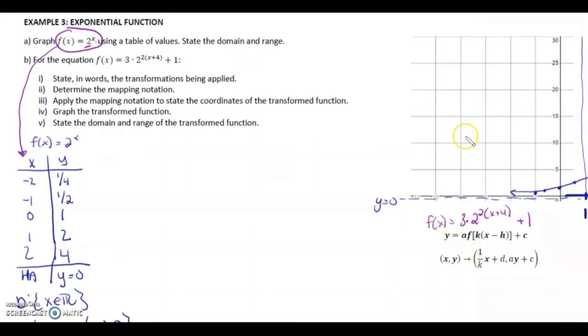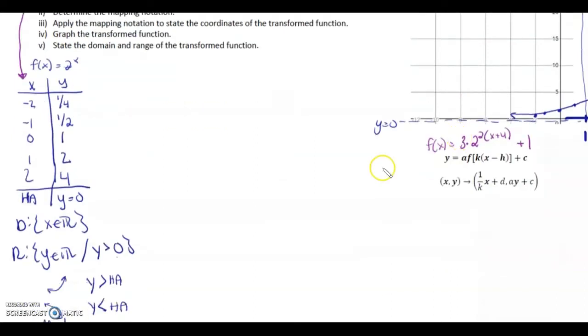So let's talk about the transformations. This 3 is our A value. So this is a vertical stretch by a factor of 3. Our function is the 2, so we leave it.